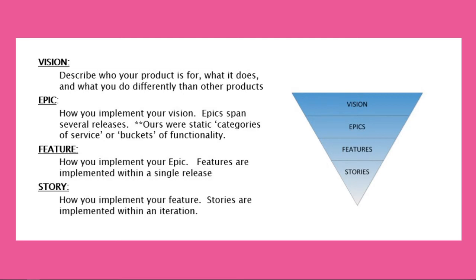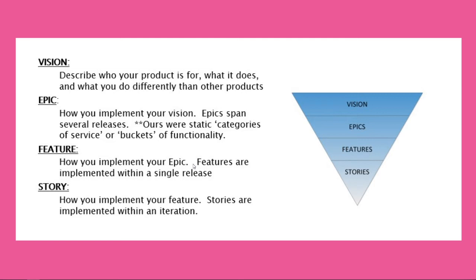So the feature is how you implement your epic. Features are implemented within a single release. One of the big values is you want to walk away with working software in some way, shape, and form. You want to define that so that working software is going to have that particular feature.